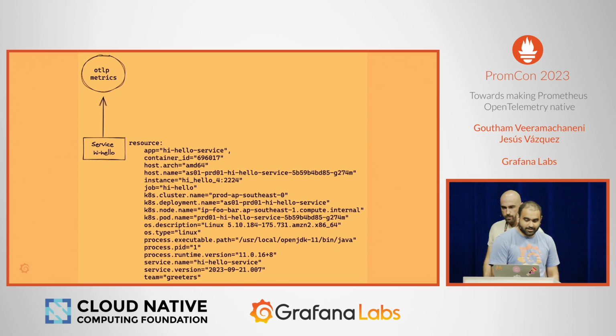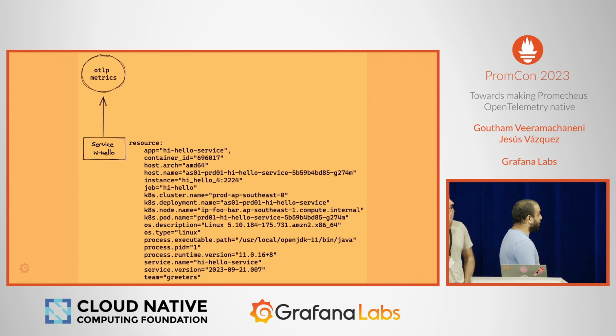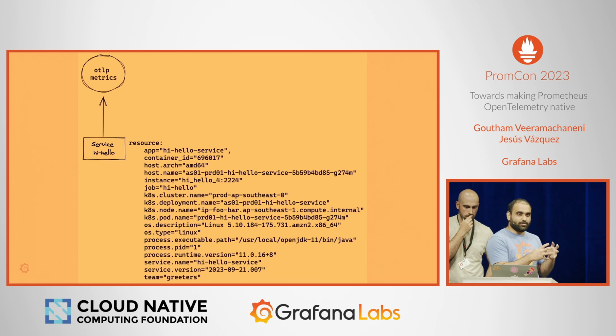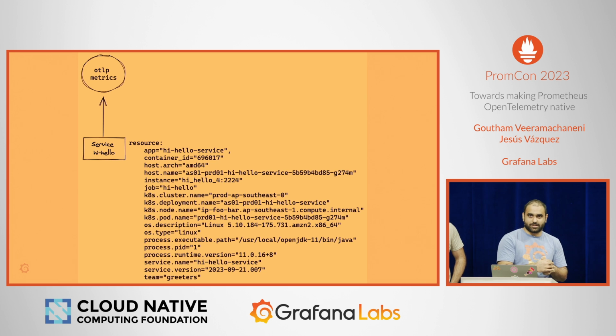OpenTelemetry is a spec. It has a data model, and this is how the OpenTelemetry data model looks. For example, if you have a service that's pushing data, you have a bunch of attributes called resource attributes that tell you details about where the service lives, what the service is about, and things like that.